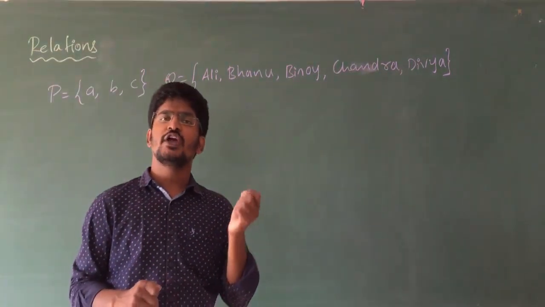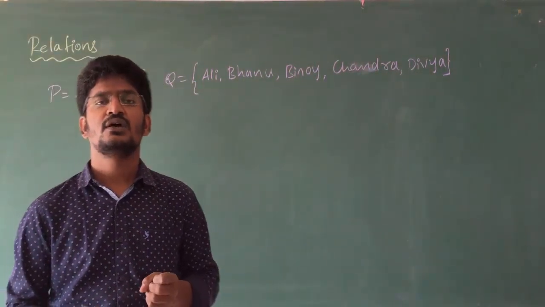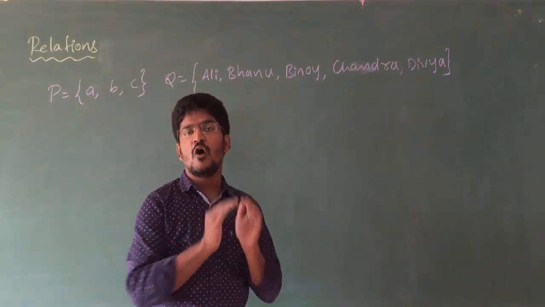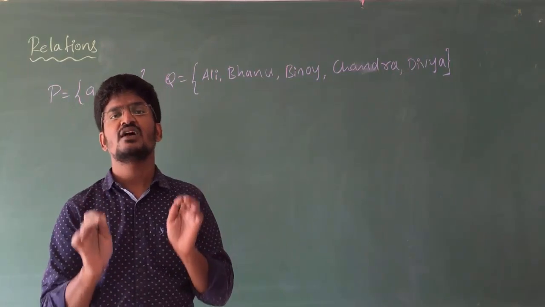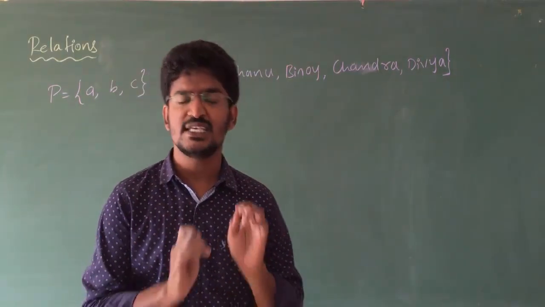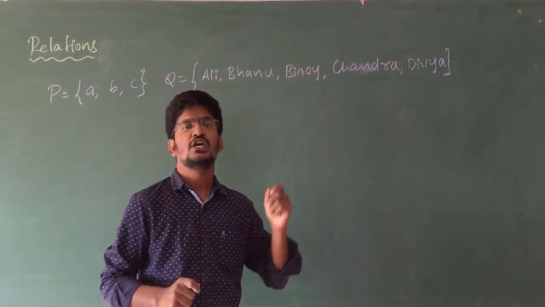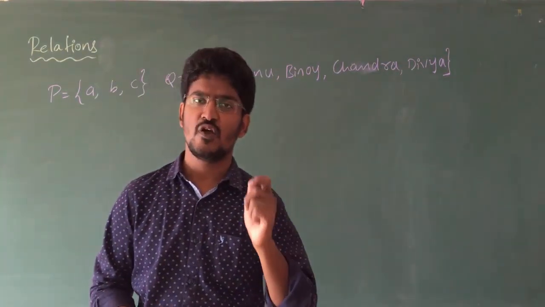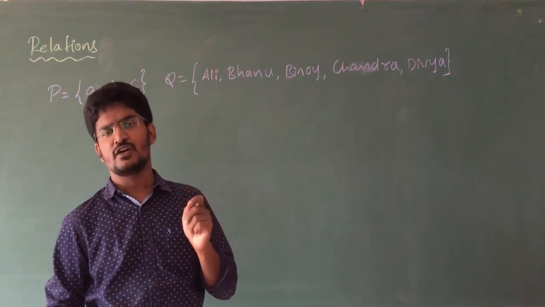Before going to the next concept, you have to be perfect with writing the ordered pairs in the Cartesian product. That is, if A and B are two sets, you must be able to write the elements of the set A cross B.